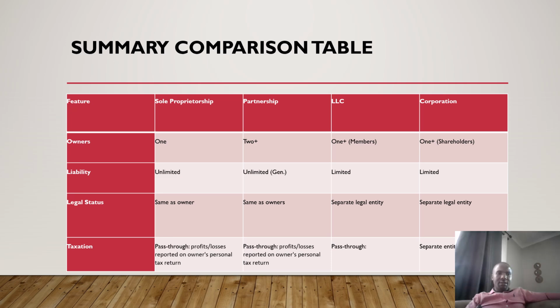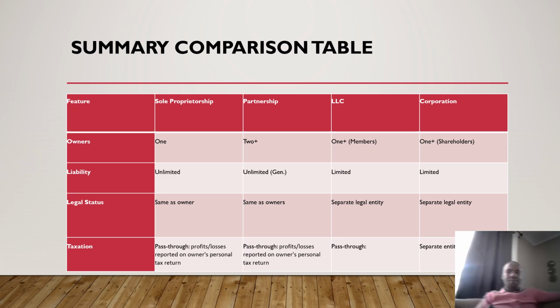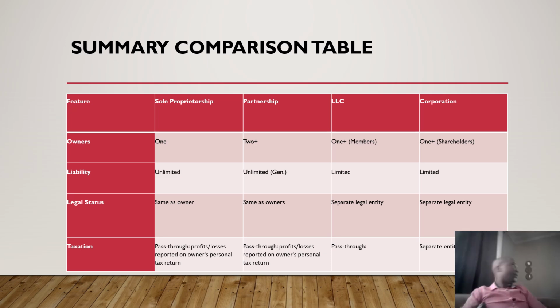In terms of legal status, sole proprietorship and partnership have the same legal status as the owner, while limited liability company and corporation have separate legal status, whereby the business is also an individual on its own, in that it owns, sues, and transacts business separate from the owners.